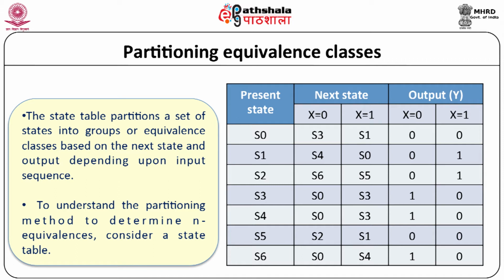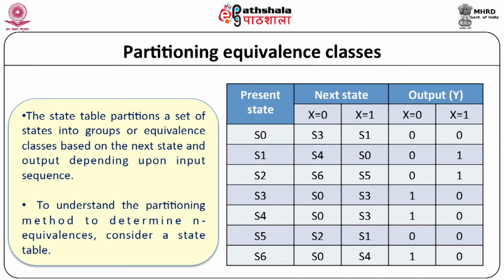In the partitioning method, the state table partitions a set of states into groups or equivalence classes based on the next state and output depending upon the input sequence. To understand the partitioning method to determine n equivalences, let us consider the given state table for demonstrating the procedure for state equivalences.